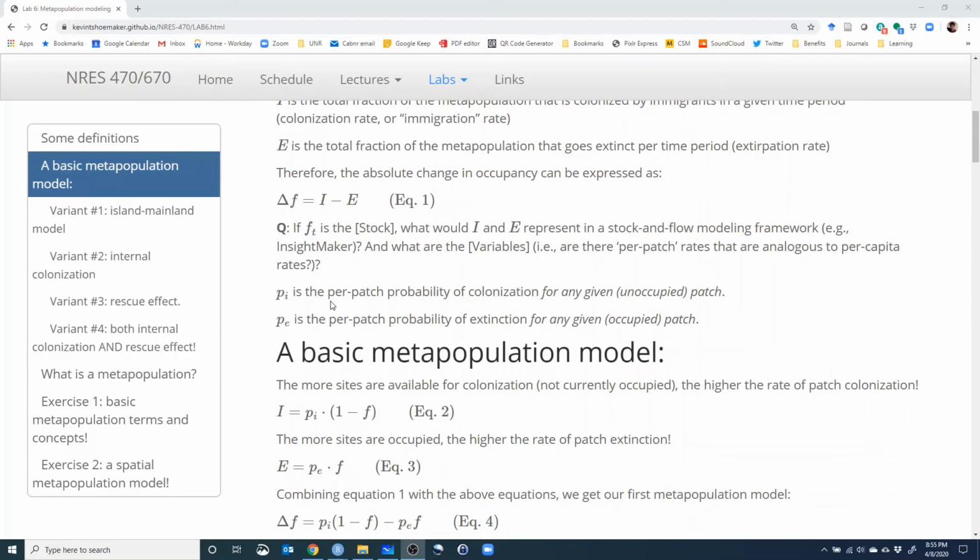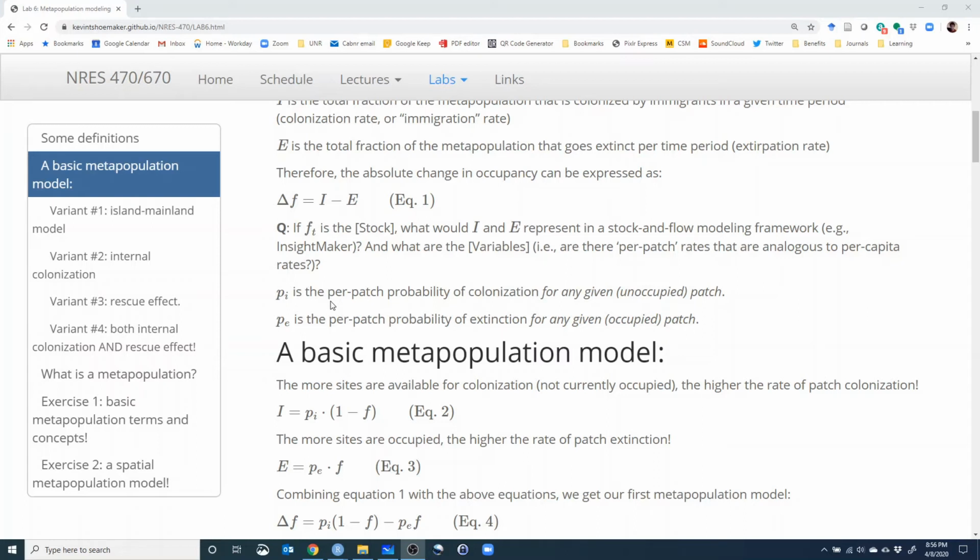the question I pose here is, if F is the stock and I and E are the flows, what are the variables? Do we have any per capita rates, essentially, that are analogous to the per capita rates that we've been using in the past, like per capita birth rate and per capita death rate? Is there anything analogous in the classical metapopulation model?